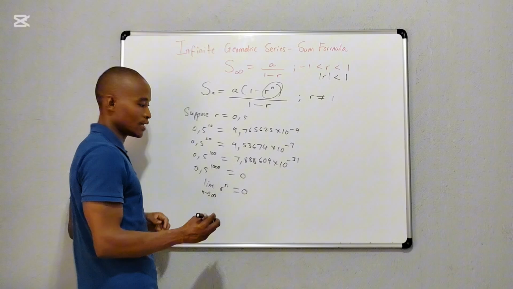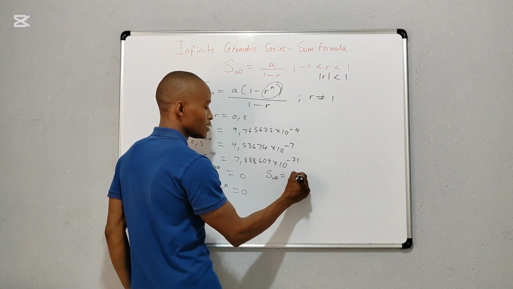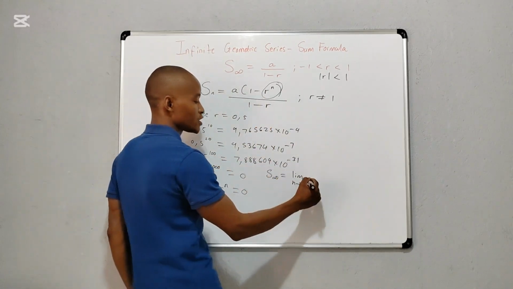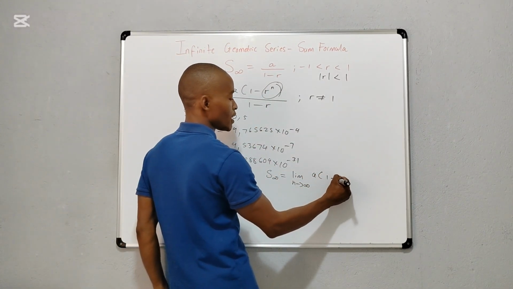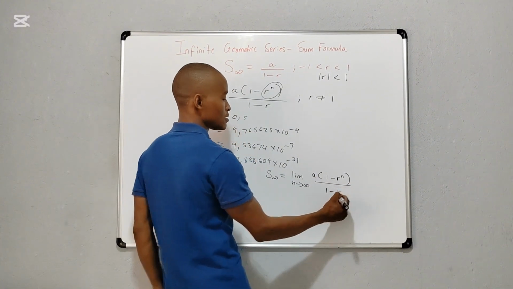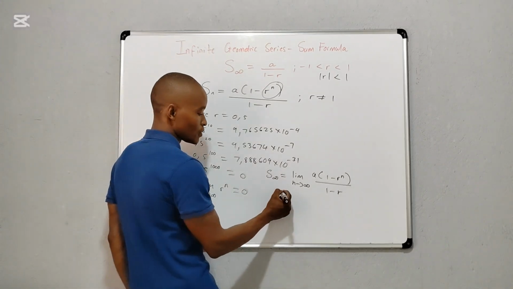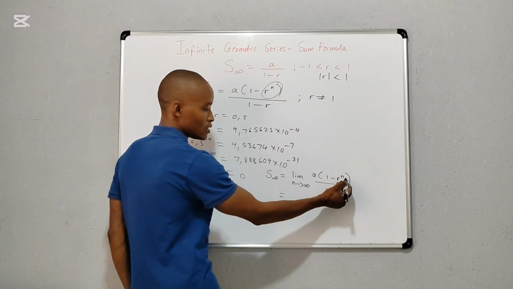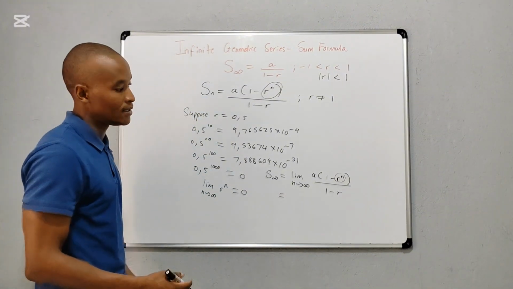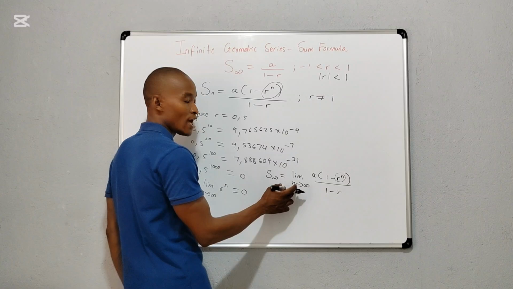Okay, so we're going to take this, plug it into this, and get the sum to infinity formula through that process. So sum to infinity will be the limit as n tends to infinity of this expression a(1 minus r to the power n) over 1 minus r. Now what then happens from here is that because this is the only power with the variable n and the rest are actually constants, that is what the limit will affect.